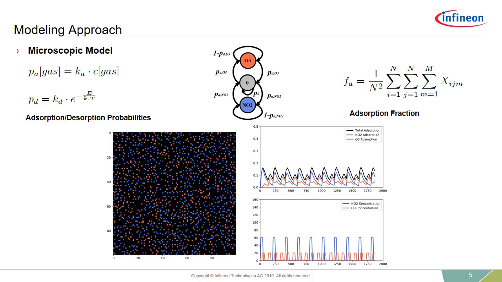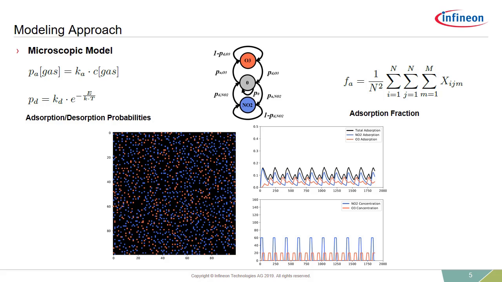The outcome of this microscopic model is the so-called adsorption fraction, which is shown on the right of the slide, which describes how many of the adsorption sites are occupied at a certain time step relatively to the total amount of binding sites.